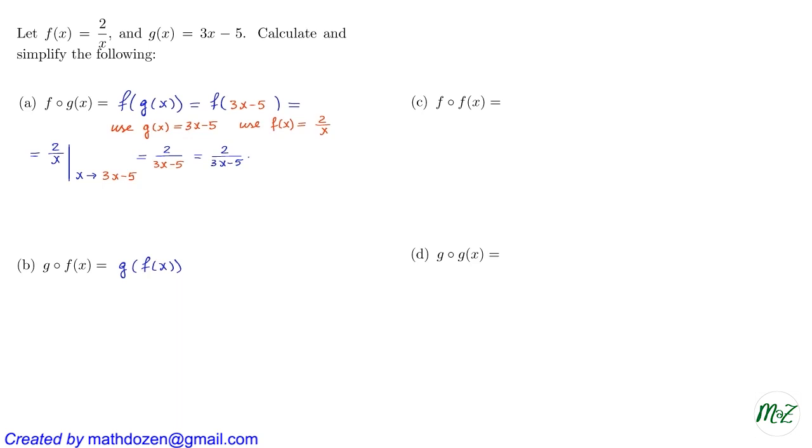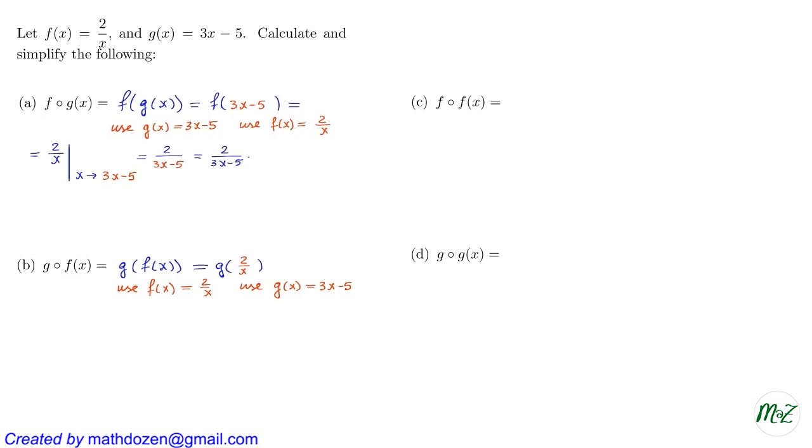Now to find the second composition, this is g of f of x. So you replace the innermost function first. You get g of 2 over x, since f of x is the same as 2 over x. And now you use the fact that g of x is the same as 3x minus 5.